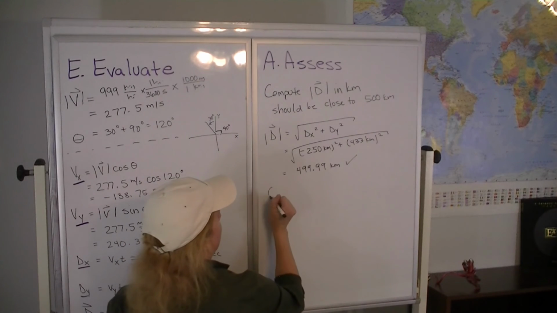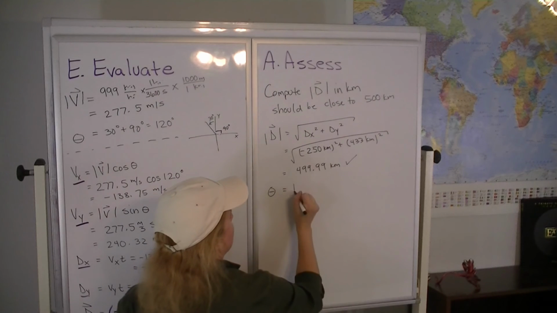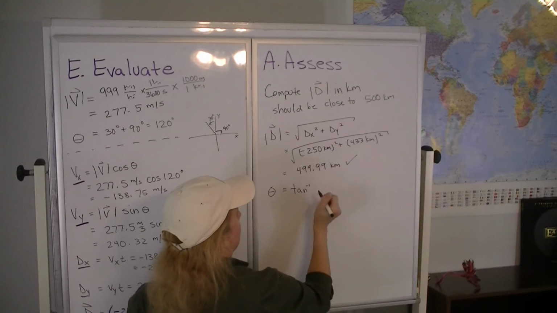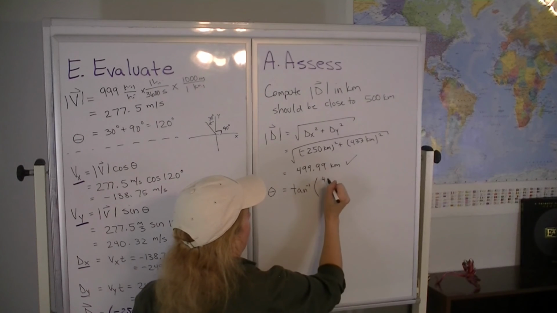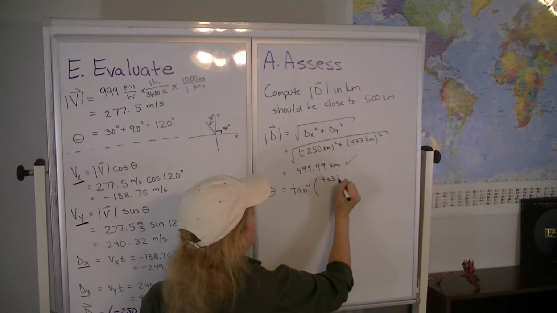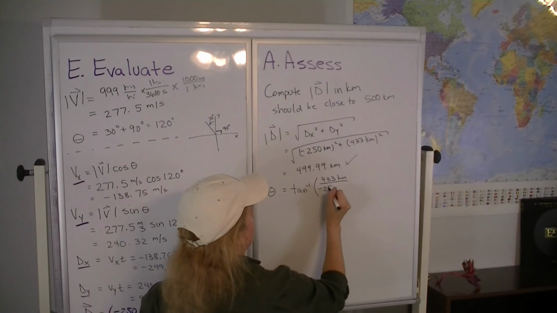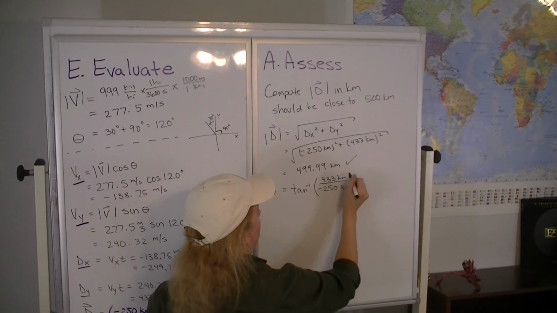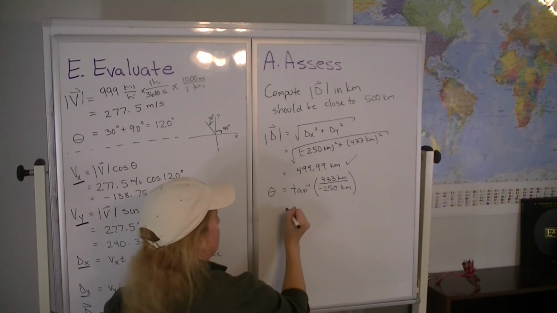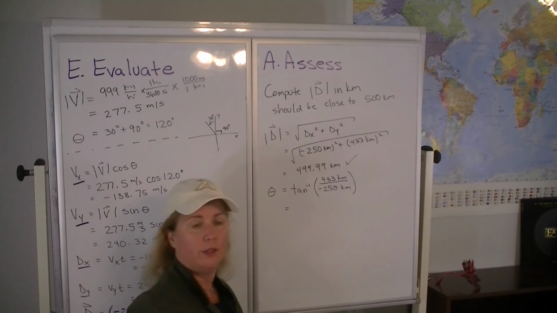Now, to make an independent calculation of theta, or the angle, we can take the inverse tangent of the components that we computed. So the vertical component is in the numerator, 433 kilometers. Horizontal component in the denominator with the sign, negative 250 kilometers. And we figure out what that is. Now, inverse tangent can be tricky depending on how your calculator is set up.